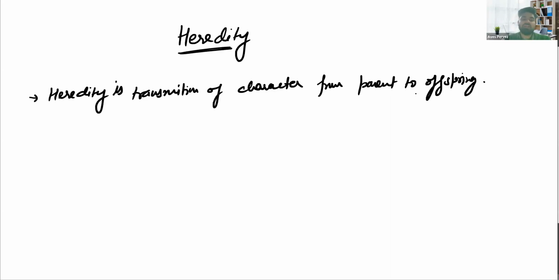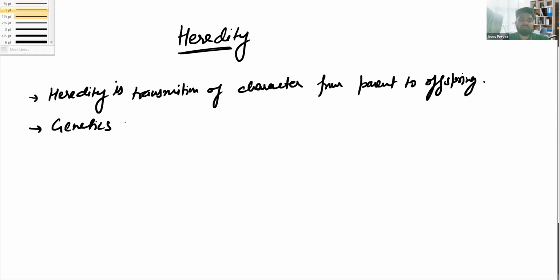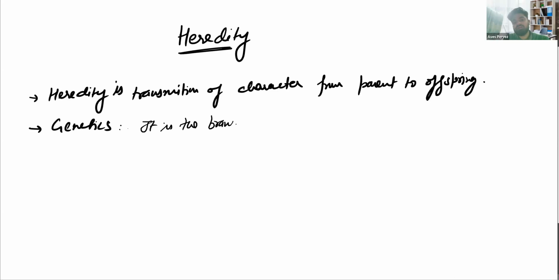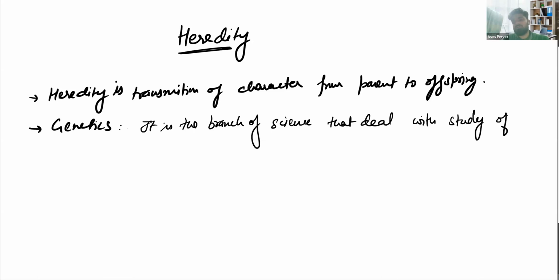Next is genetics. What is genetics? Genetics is the branch of science that deals with the study of heredity and variation.